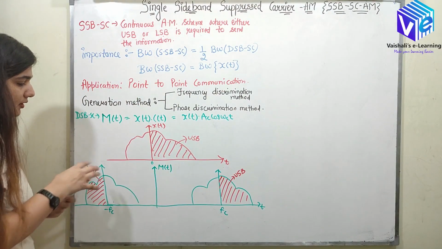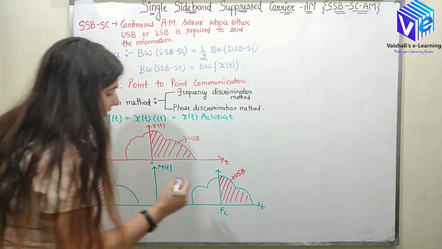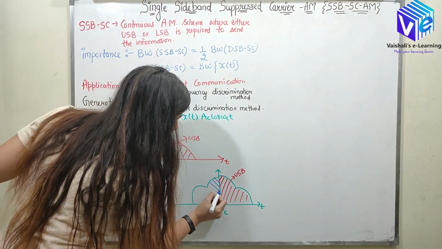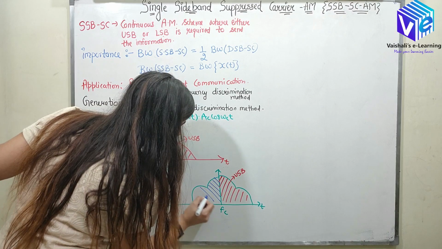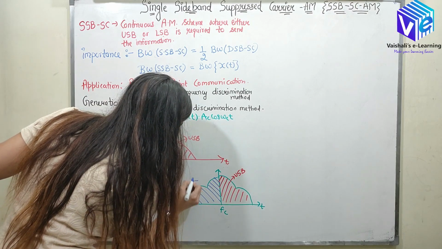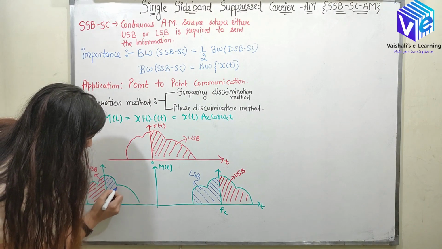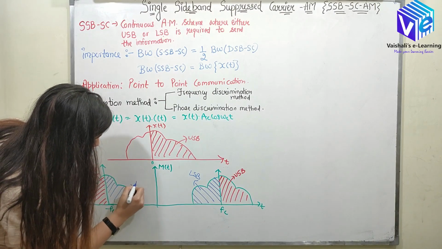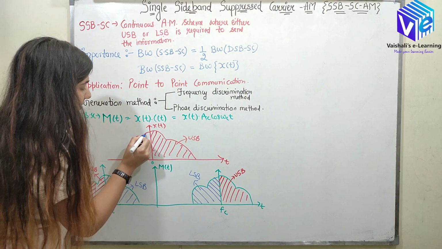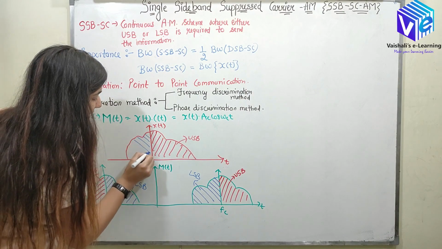Now talking about the lower sideband, this is the LSB, this would be the lower sideband, and in my message signal this is my lower sideband.